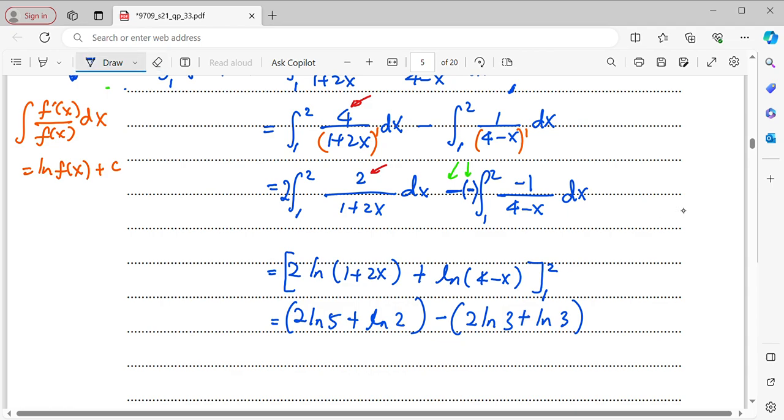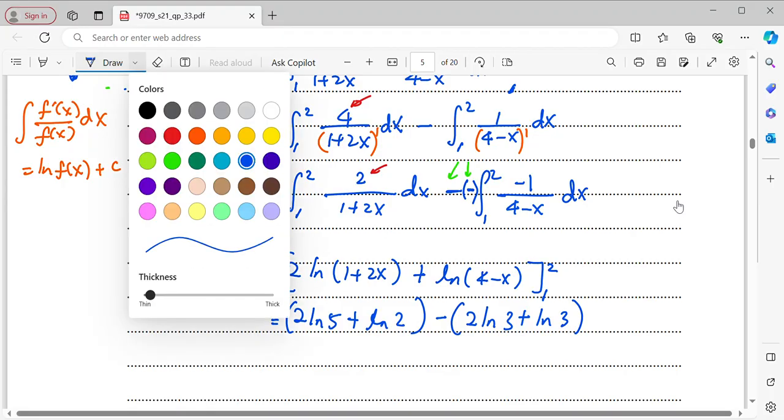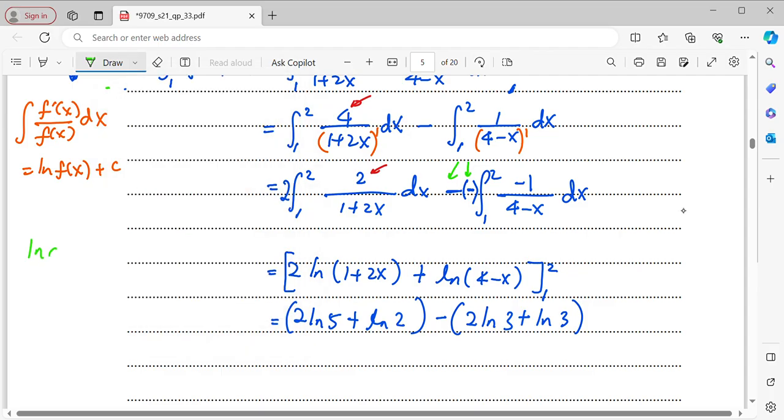Now, here, when I simplify, since you have summation of ln terms, we need to apply this formula: ln A plus ln B equals ln AB. But then provided both coefficients are 1. Here is 1, this is 1. But then here we get the 2.